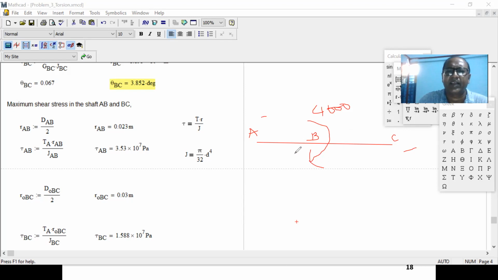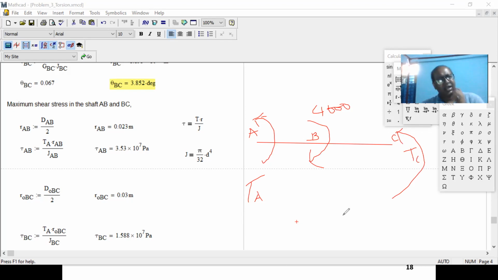And the other thing you asked, very good question. This is anti-clockwise, right? So I am putting this as anti-clockwise TA, and this one also anti-clockwise TC.